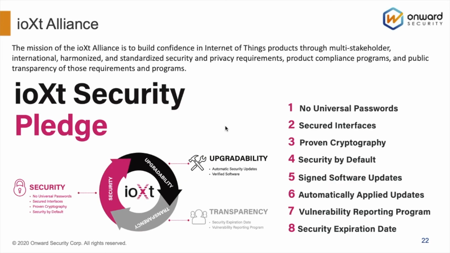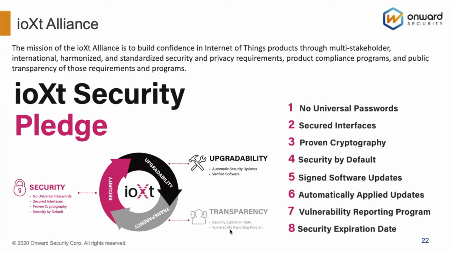And there is a new alliance called IOXT. For IOXT, they want to build confidence in IoT products. So they also have their own test plan for IoT product security. They divide it into three big categories called security, and you also need to support upgradability and transparency.